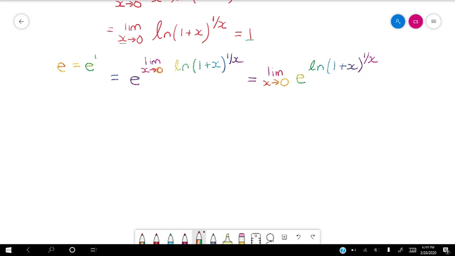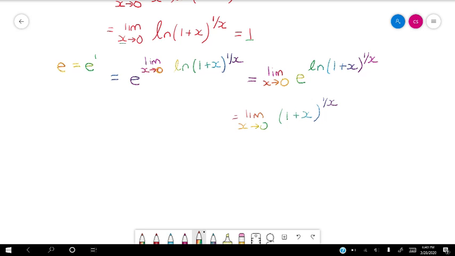Okay, so there you go. And now we've created the situation where we have our composition of inverse functions, right? e to what power is this natural logarithm? Essentially, these are going to cancel. So this is equal to just 1 plus x raised to the 1 over x.